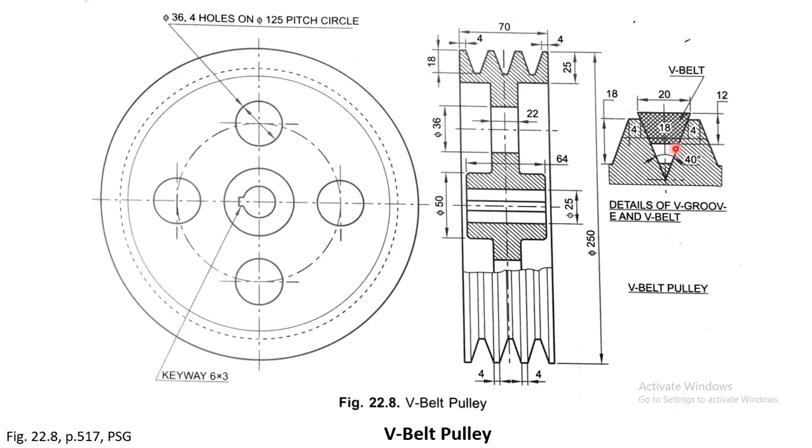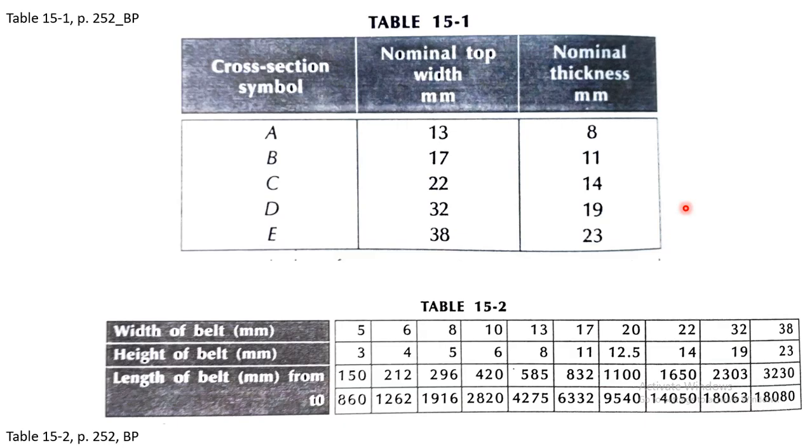This angle is 40 degrees. Here, as the force increases, this V-belt will go much deeper into the groove and the friction will increase. So this kind of belt will function better, and there will be no slippage between the belt and the pulley.